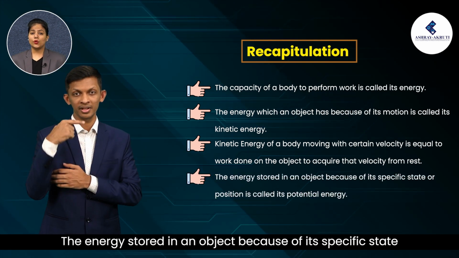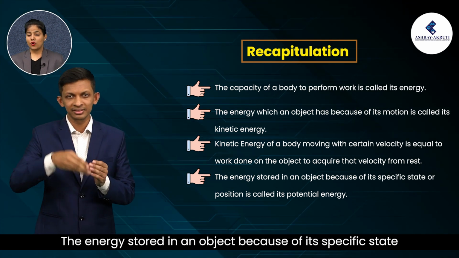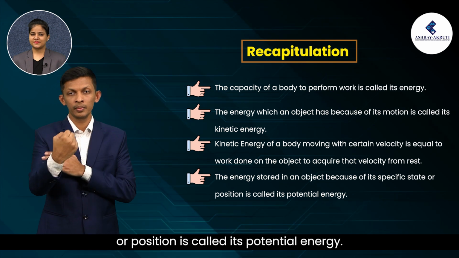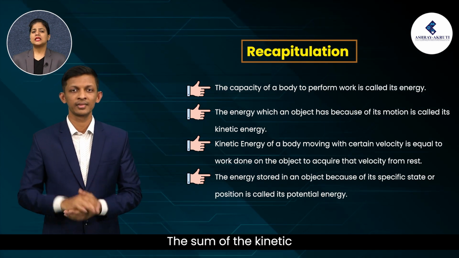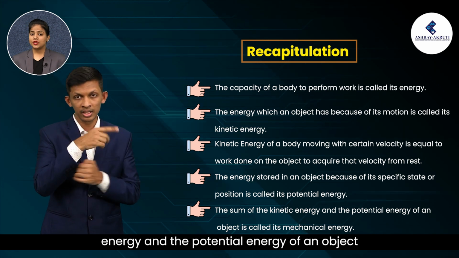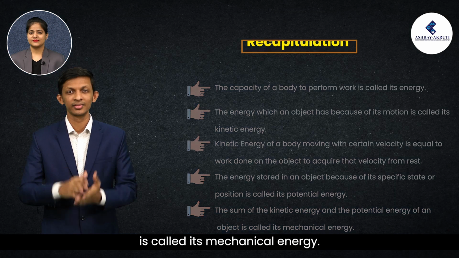The energy stored in an object because of its specific state or position is called its potential energy. The sum of the kinetic energy and the potential energy of an object is called its mechanical energy.